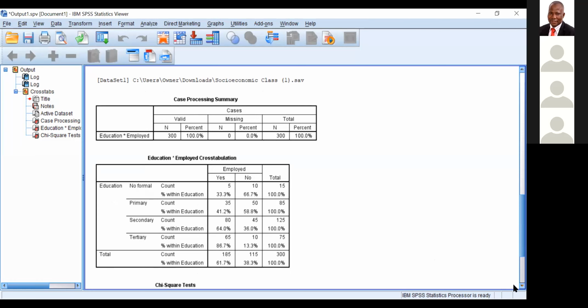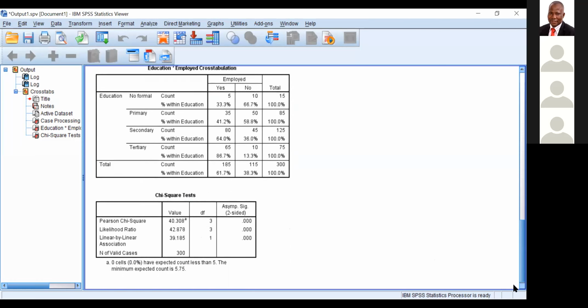Scroll down. Let's see the statistic. Can you see the Pearson chi-square? You are not looking for Pearson chi-square, but it will show you. We give it to you. So you see Pearson chi-square, you see likelihood ratio. Because this one is more than 2 by 2, it's 2 by many tables, that's why you don't see corrected chi-square yet.